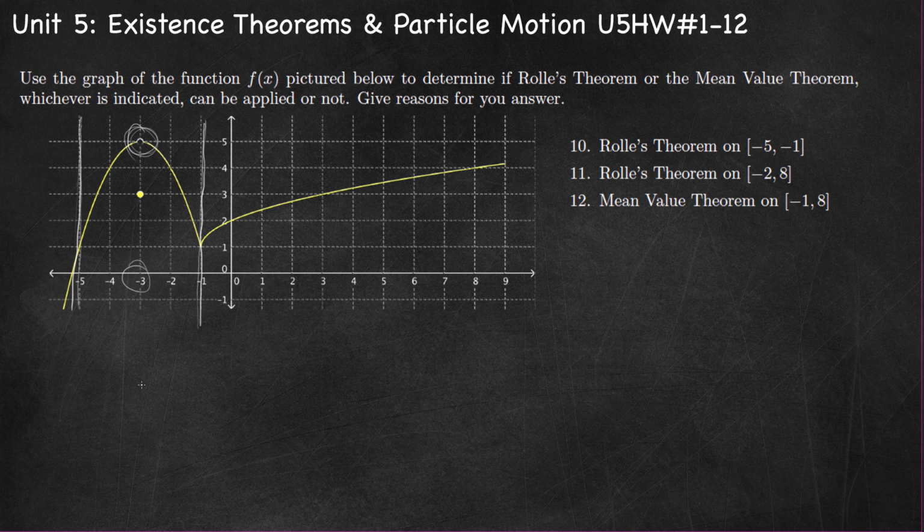We also need the function to be differentiable between negative 5 and negative 1, and it's not differentiable at negative 3. If it's not continuous, it's not differentiable. We also need the endpoint values of the function to be equal. So at negative 5 and at negative 1, we do have the same y value. So that third condition is okay, but we've failed to satisfy those first two conditions.